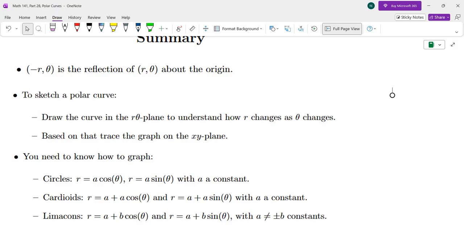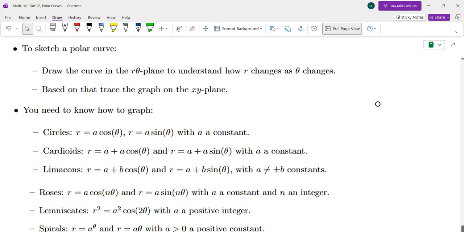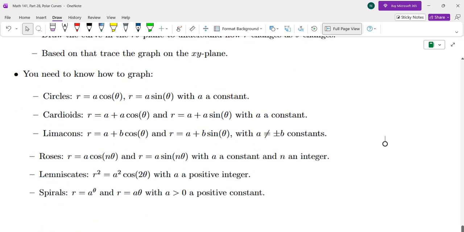You need to know how to graph circles, which are r equals a cosine theta, r equals a sine of theta, where a is a constant. Cardioids, which are the curves of the form r equals a plus a cosine of theta or a plus a sine of theta. Limacons, which are the curves of the form r equals a plus b cosine of theta and r equals a plus b sine of theta. In this case, a and b are not the same, and they are also not negative of each other.